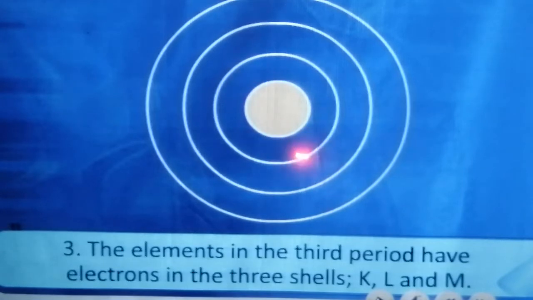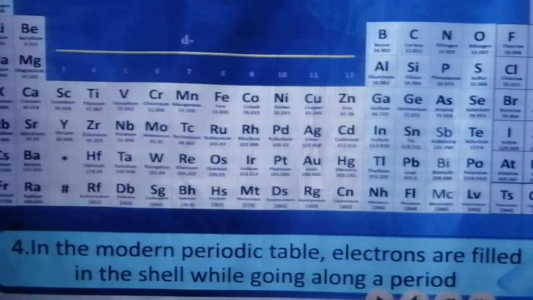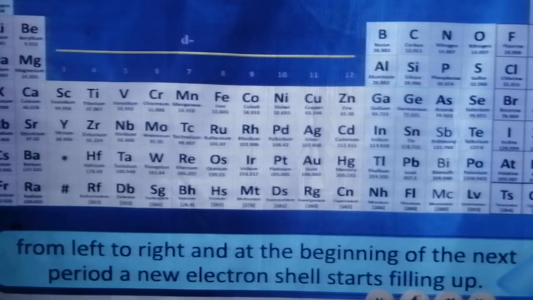The nucleus has protons and neutrons, and around the nucleus electrons are moving in different shells. Those shells are called K, L, M. In the modern periodic table, electrons are filled in the shells while going along a period from left to right, and at the beginning of the next period, a new electron shell starts filling up.